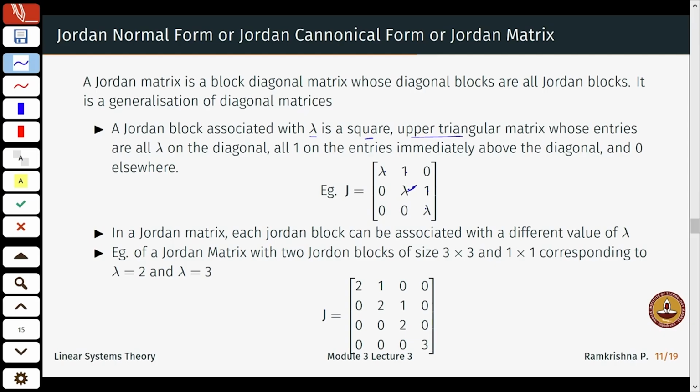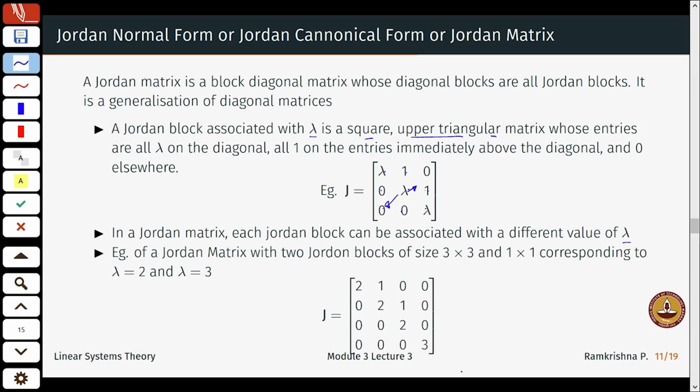So, if I just go to the right, I put a 1 here and a 0. Everything else will be 0, and the lower triangular part will always be 0. That is why we say I get an upper triangular matrix. In a Jordan matrix, each block can be associated with a different value of lambda. We will slowly try to understand what this means.